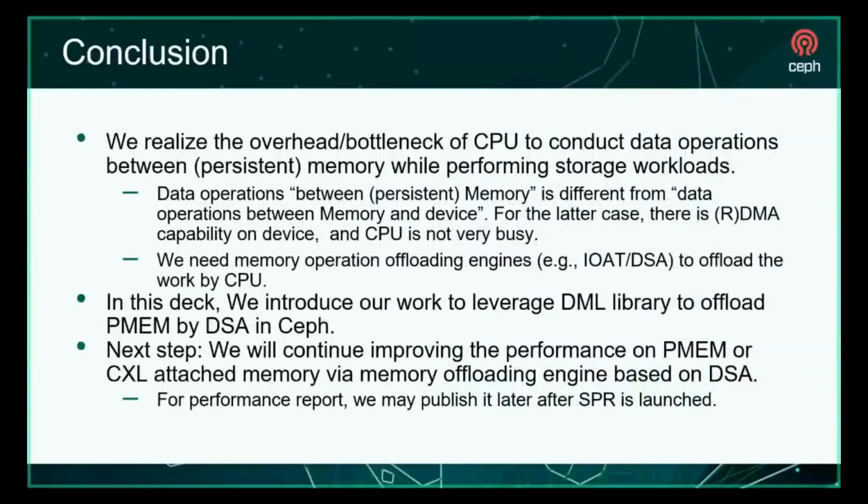So the conclusion is that let me just review what I presented today. We realized the overhead and bottleneck of the CPU conducting data operations between persistent memory or memories while performing storage workloads. The root cause is that data operations between persistent memory are different from data operations between memory and device, because for the latter case there is RDMA or DMA capability on those devices, so there will not be too much pressure on the CPU.